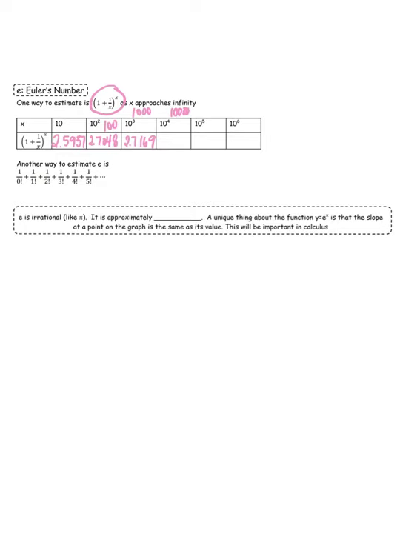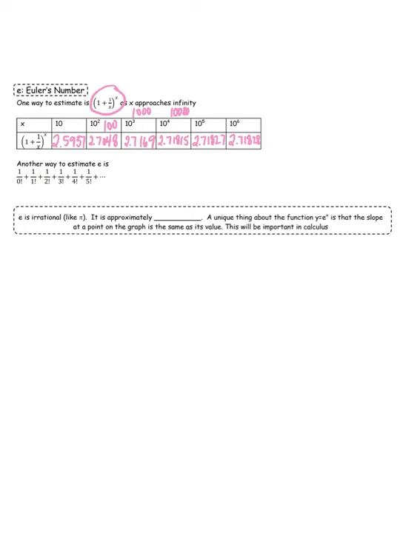I keep going on and on and on. I get 2.71815. I get 2.71827. I get 2.71828. And you can pause the video right here and plug these numbers in to see exactly how I'm getting them.